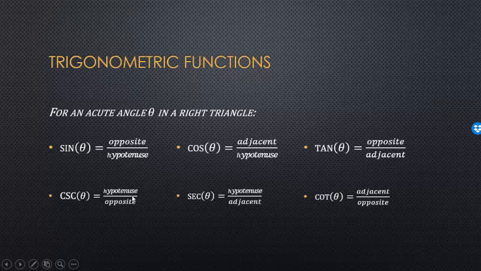So these are actually the reciprocal functions. I call those like the B-list celebrities. As long as you know these A-list celebrities and you can find the values for those, you can always get the B-list values. So these are the 6 trig functions. I would jot this down, maybe put this on note cards. This will be very important in your trigonometry class.